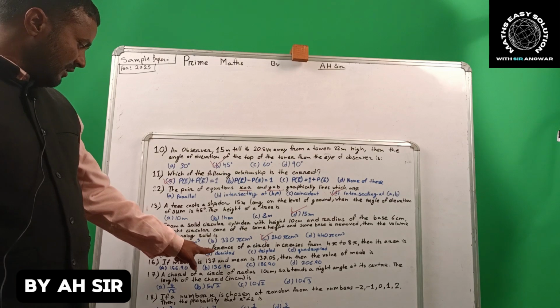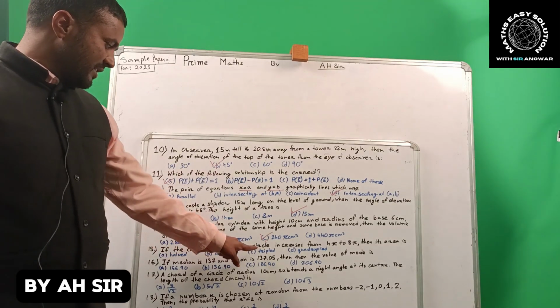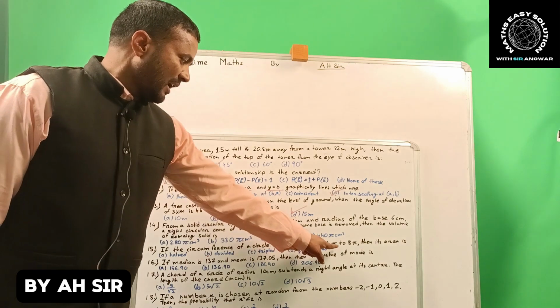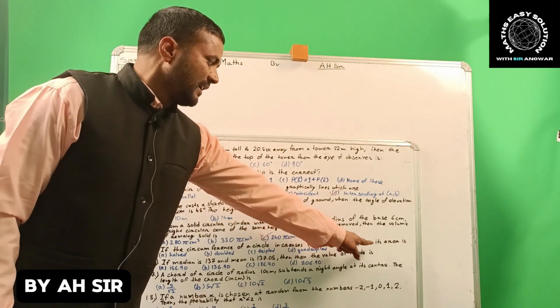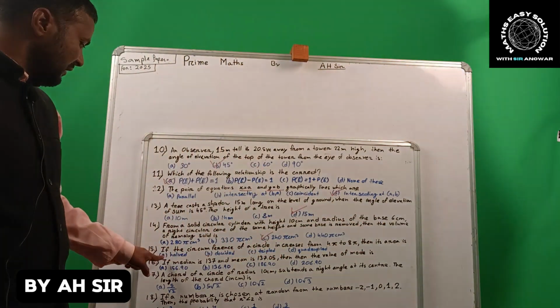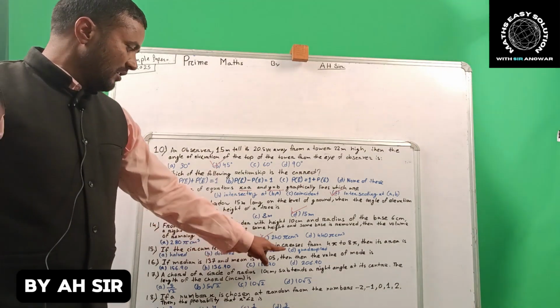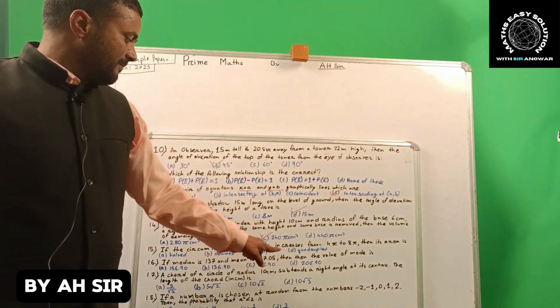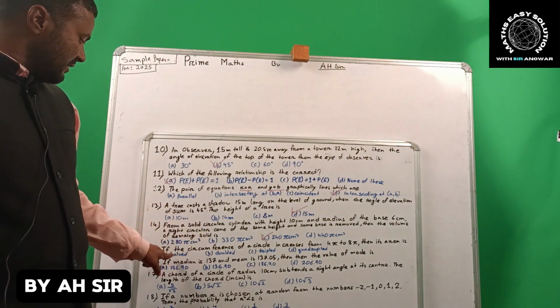If the circumference of a circle increases from 4 pi to 8 pi, then its area is half, double, triple, quadruple. It means, you see here what increase?